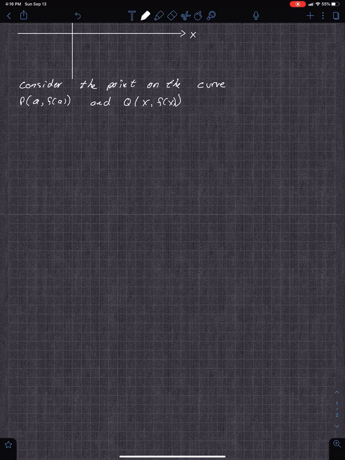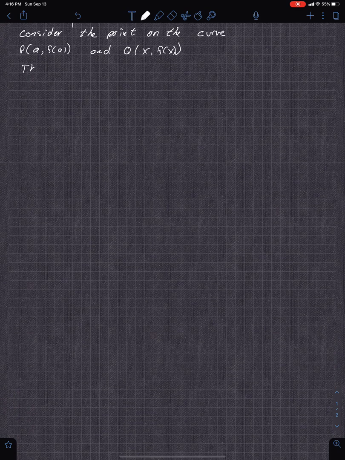Now, the way I wrote that, I don't want to get too crazy about this, but we're assuming that a is fixed and that x is arbitrary, like a variable. Your x is going to be able to move and get closer to your a, like we've done with limits. Then the line PQ is called the secant line.